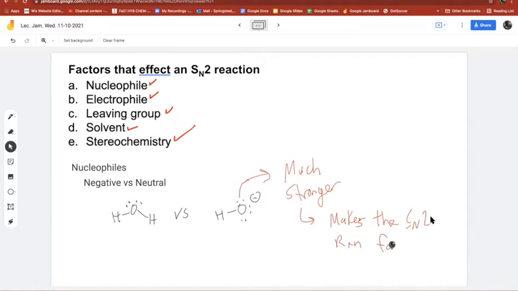So SN2 reactions, when we're ranking things, all the SN2 rankings are based on speed of reaction, because SN2 reactions are under what we call kinetic control.